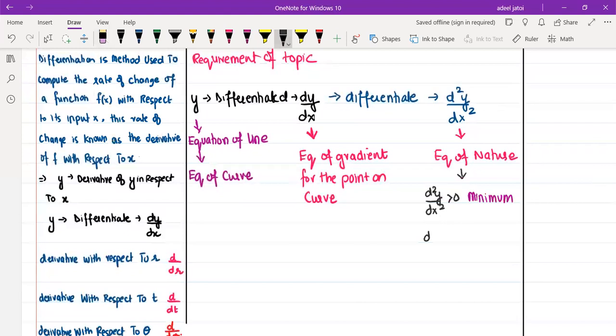Whereas if d2y upon dx square is less than 0, then the curve is maximum. That means that the curve is maximum.